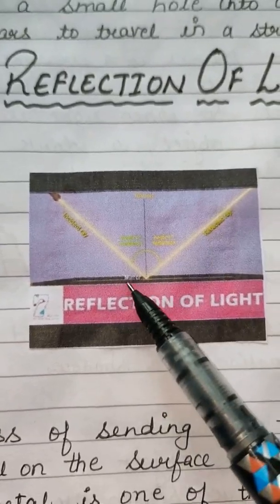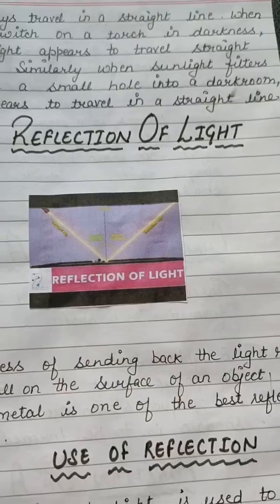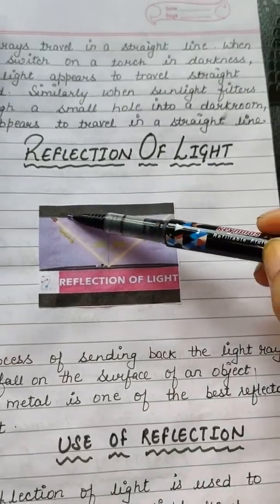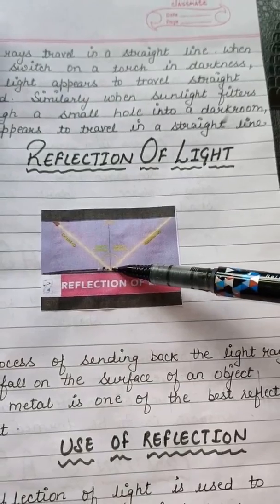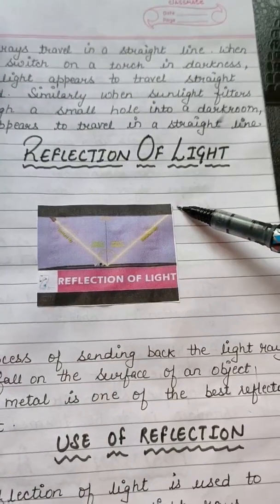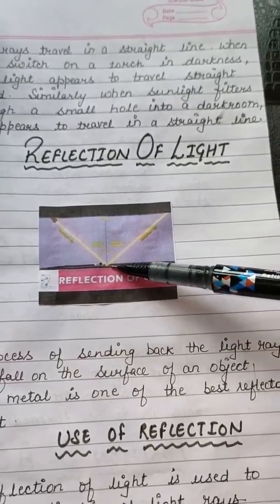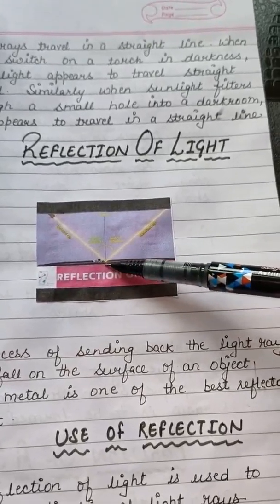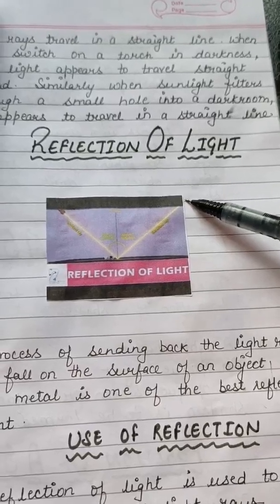This is a mirror, and this is a source of light. When light falls on this mirror, some of the light is reflected. The light which falls on the mirror is known as the incident ray, and the light which reflects is known as the reflected ray.